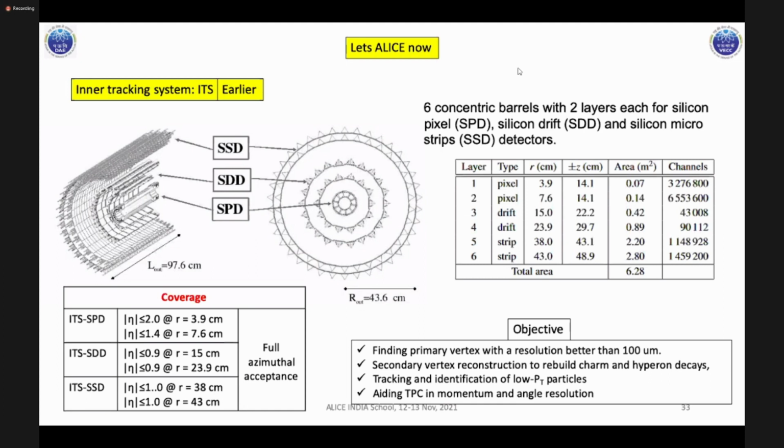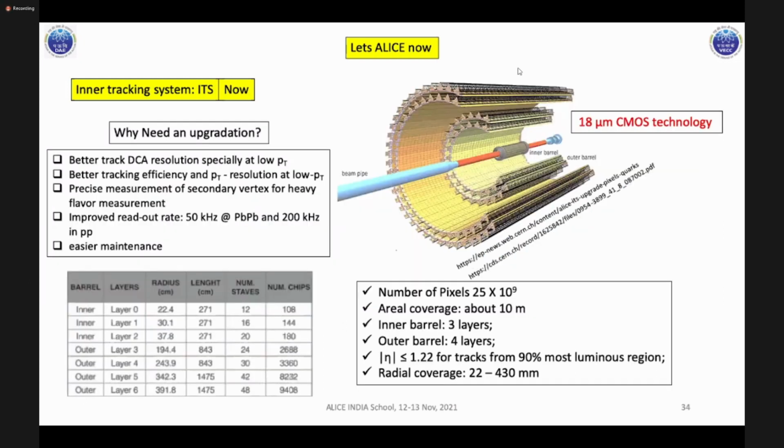Now let's look at how it looks after the modification. Earlier there were three types of detector, 6 layers, each type having 2 layers. Now instead of 6 layers, we have 7 layers of detectors. And these detectors are not usual silicon detectors.